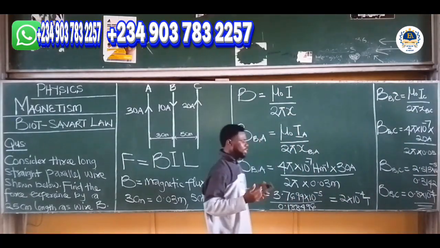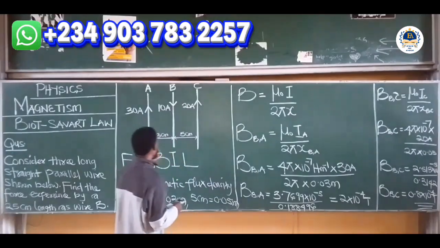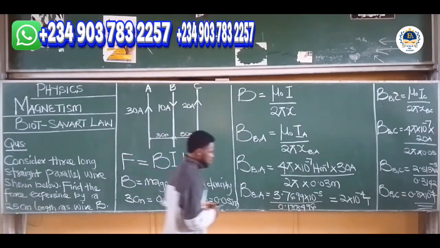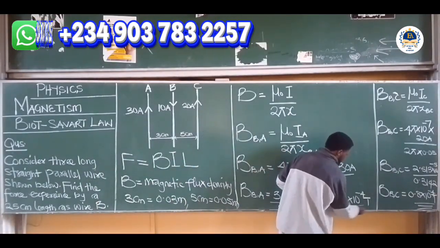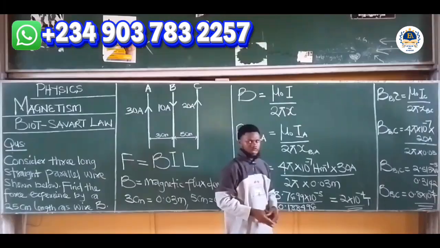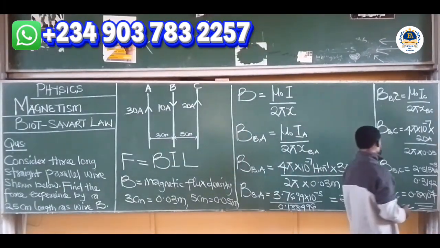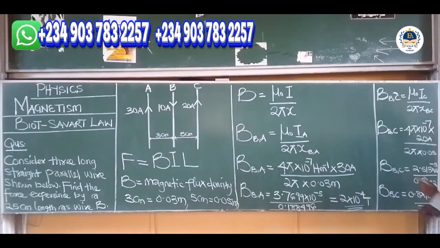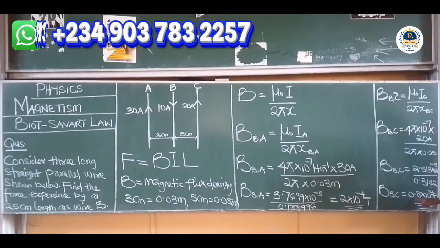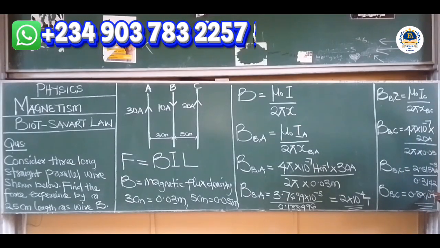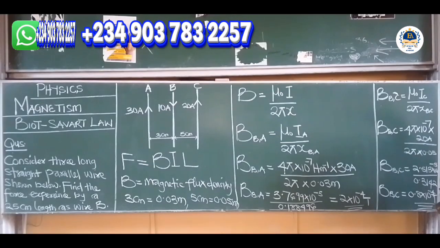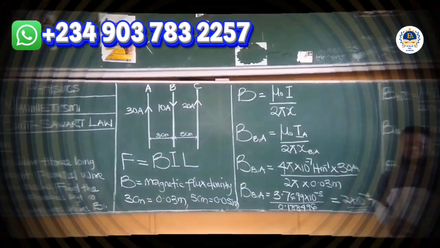So the magnetic field produced by A at B is 2 times 10 exponential negative 4 Tesla, whereas the magnetic field produced by C at B is 0.8 exponential negative 4 Tesla. Now we have successfully obtained step number 2.